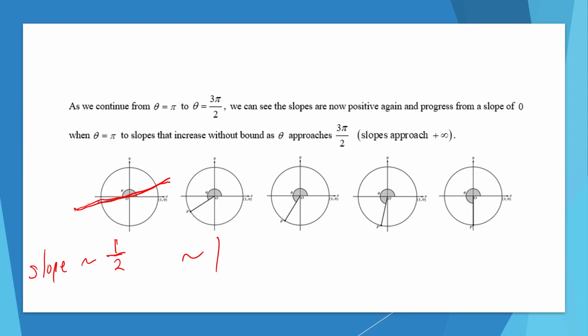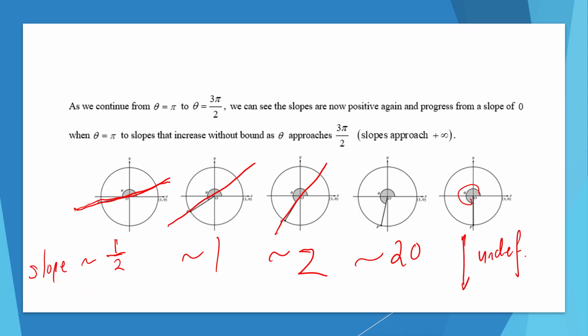And then this looks maybe a little steeper, so maybe positive 2, sorry, and positive 1. These are all positive slopes, not negative. This one's getting pretty steep, so maybe positive 20. And then this one is exactly at 3 pi over 2, right? It's again a straight up line, and so this one's going to be undefined there at exactly 3 pi over 2.